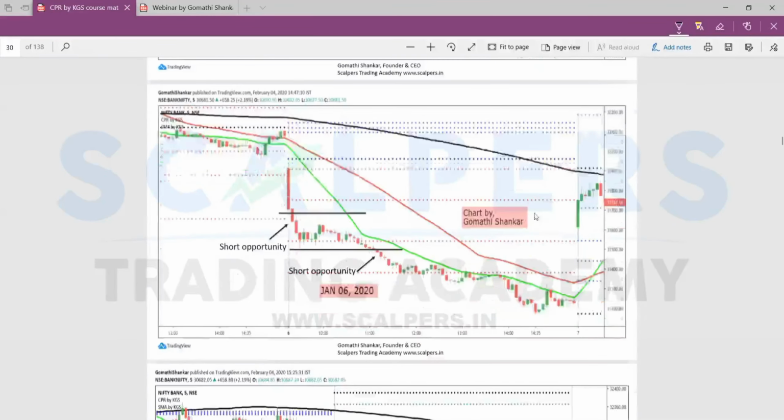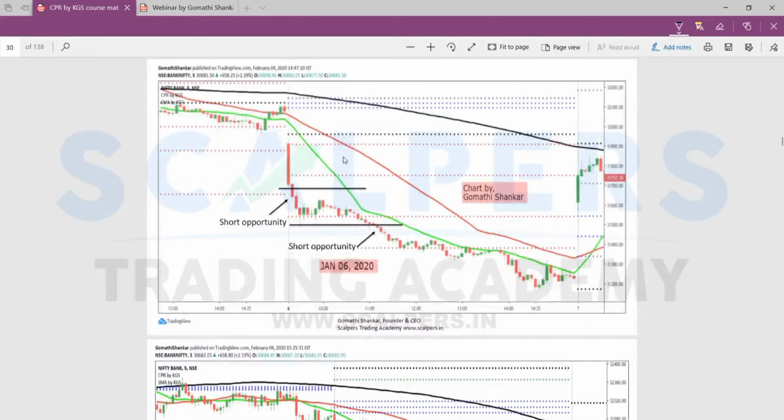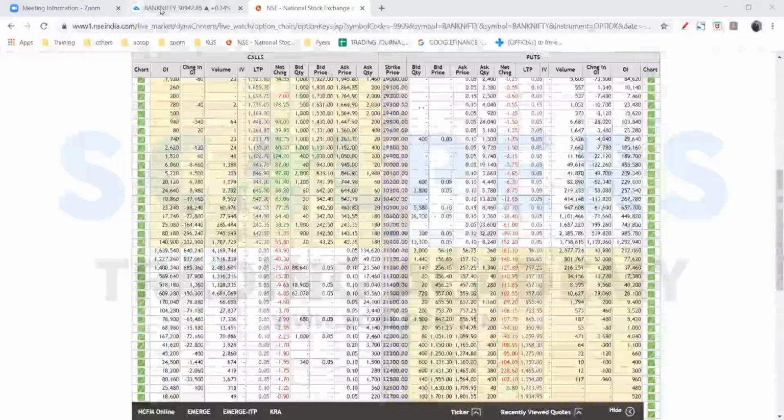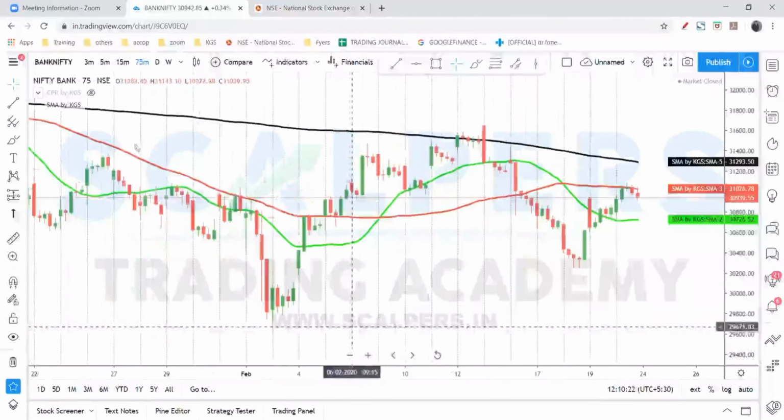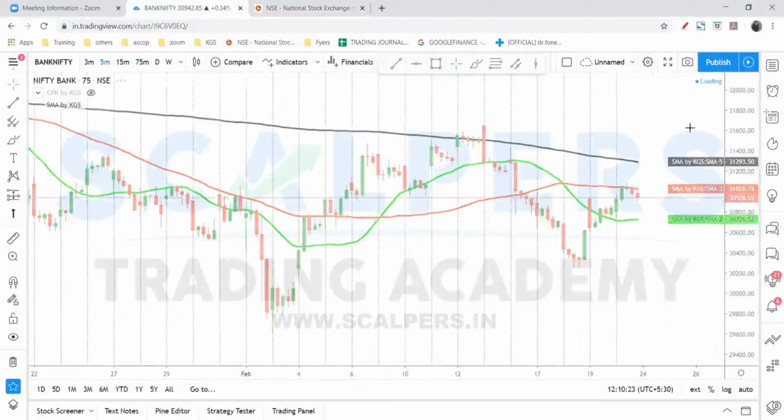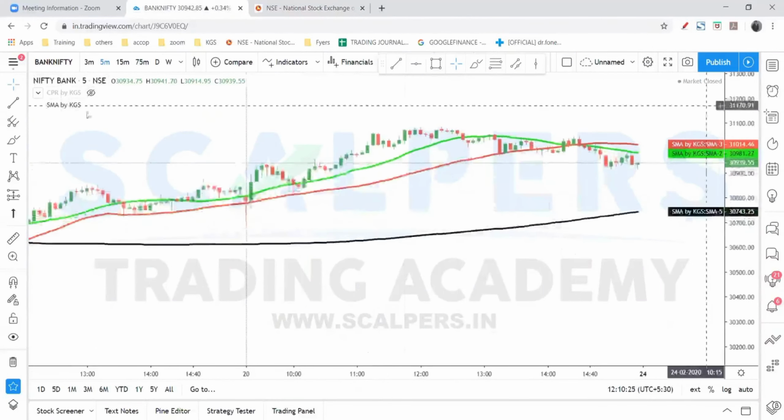See, this is another example on Jan 6. Before going to the next example, I will show you action replay in a practical chart so that you will understand better.